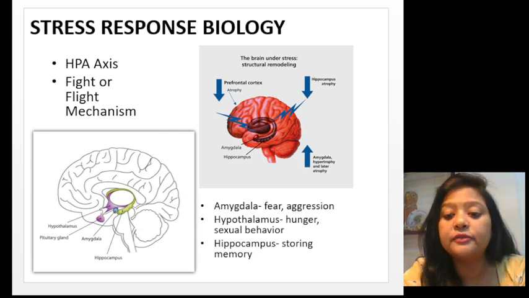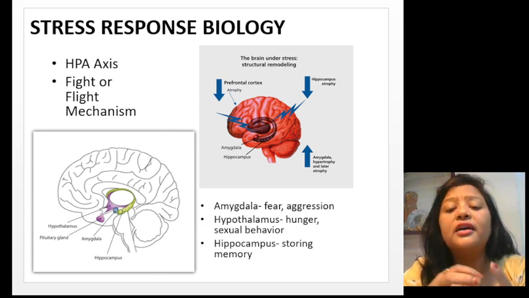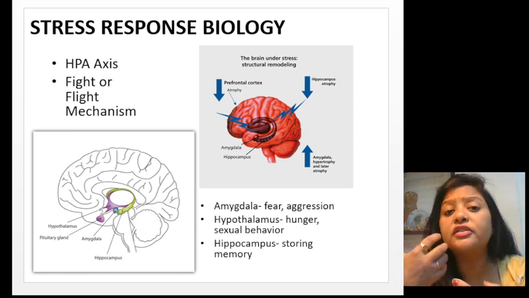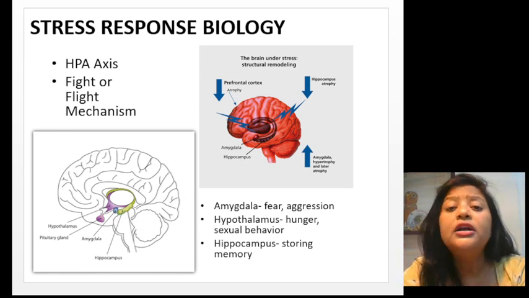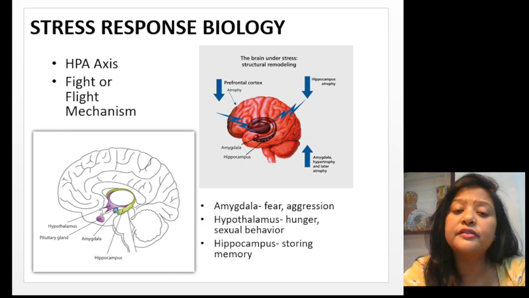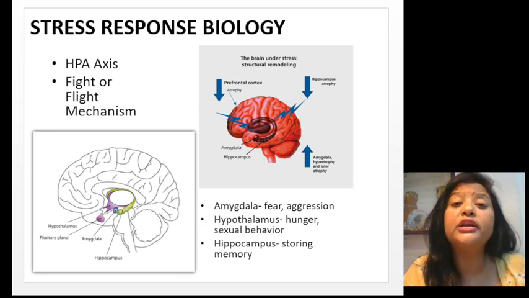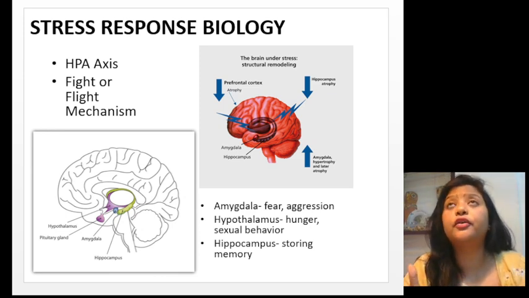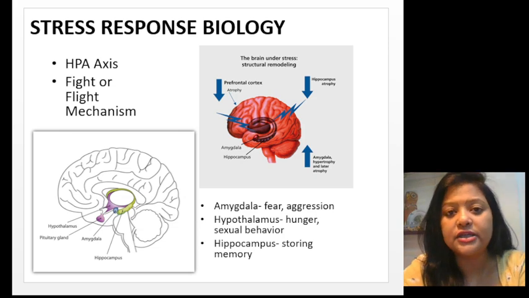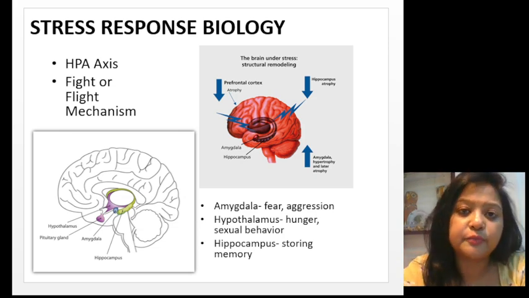Next, coming to the hypothalamus. Whenever you feel hungry, or for regulation of hunger and sexual behavior, the hypothalamus is responsible. Number three is the hippocampus. The hippocampus is basically for long-term memory, storing information in your brain. For that part, the hippocampus is responsible.